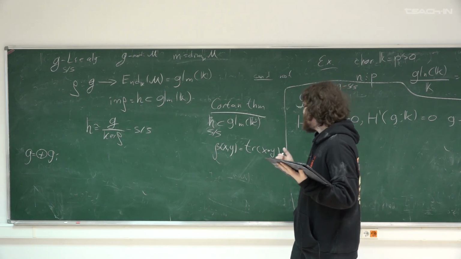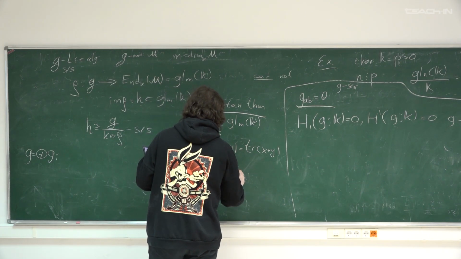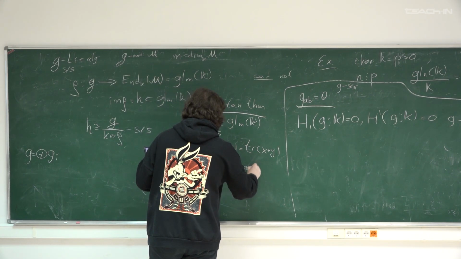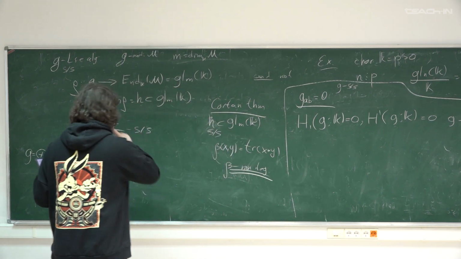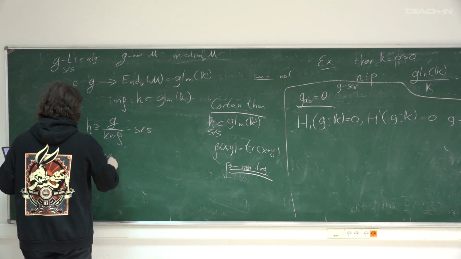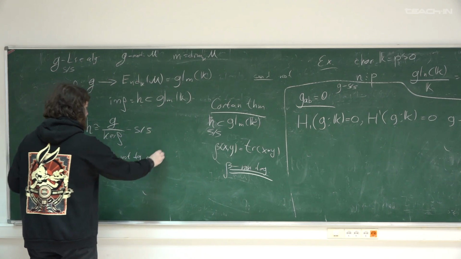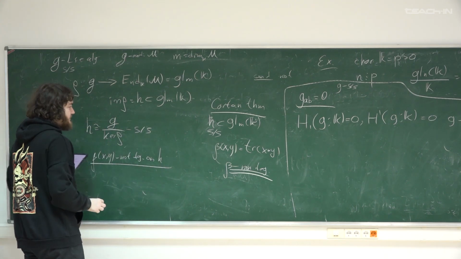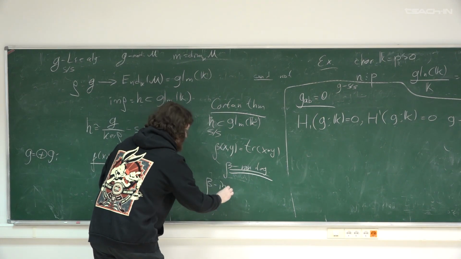It will be a symmetric bilinear form, and if H is semi-simple, then beta is non-degenerate. So in our situation, this form is not degenerate on H. Also, you can check that beta is invariant in the previous sense.